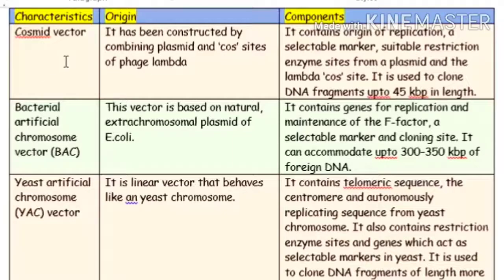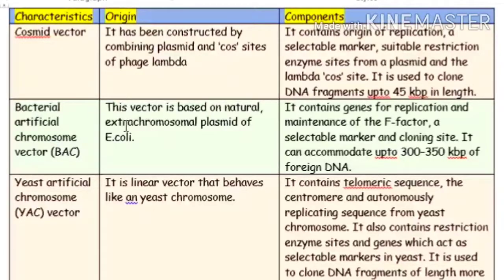So this is the summary table which I prepared for all the vectors which we are using. For example, the cosmid vector is constructed by combining a plasmid and the cos site of phage lambda, and it can do cloning up to 45 kb in length. Then there are bacterial artificial chromosomes.